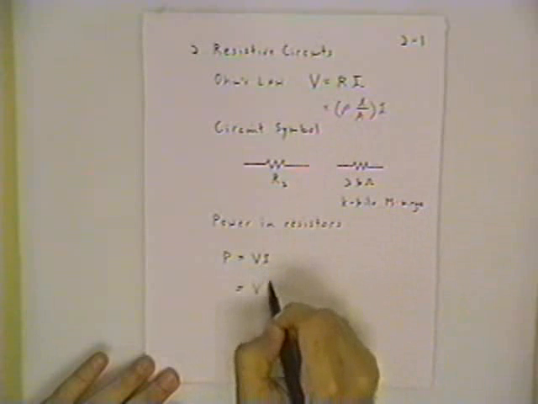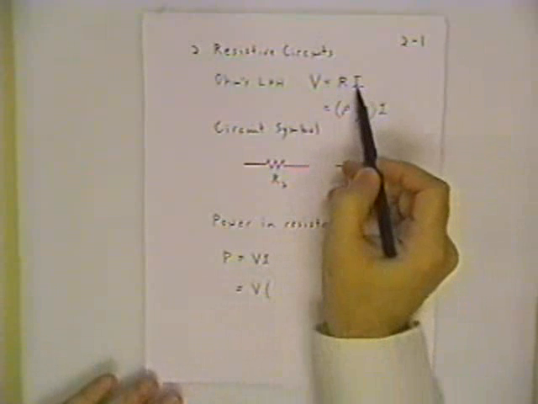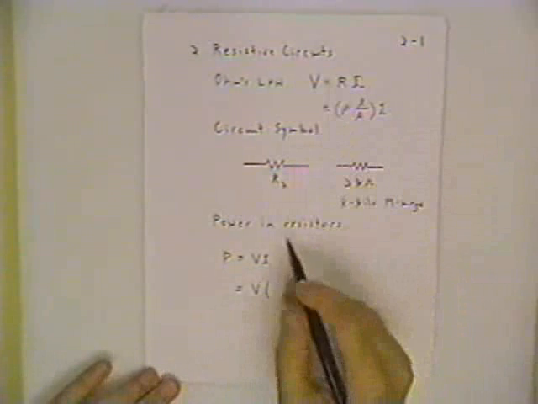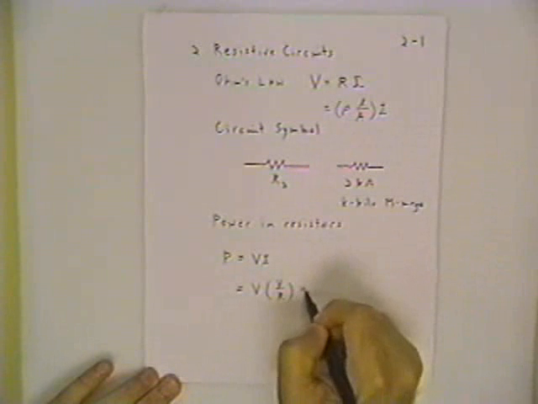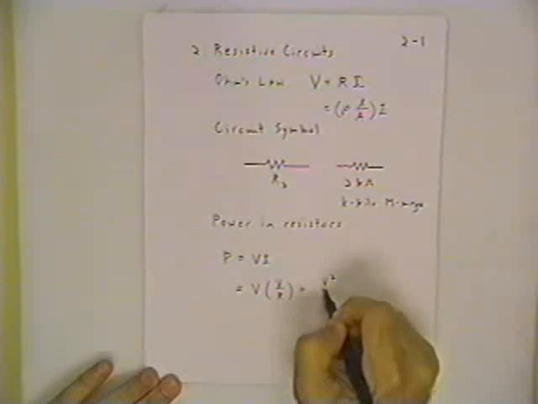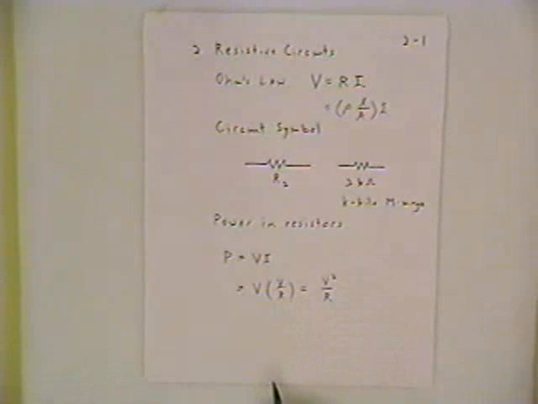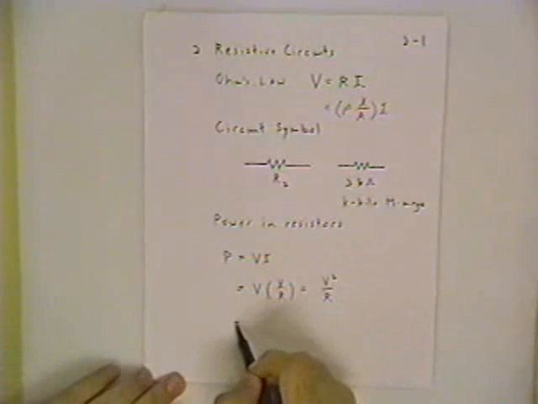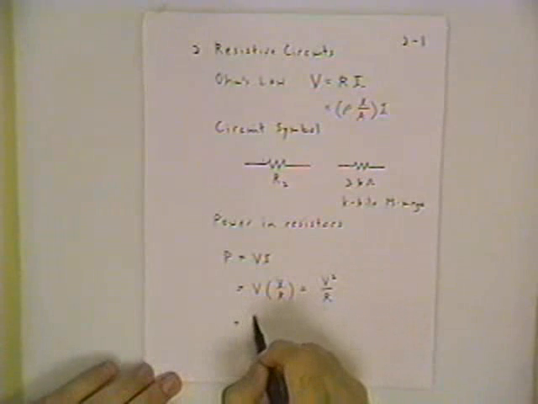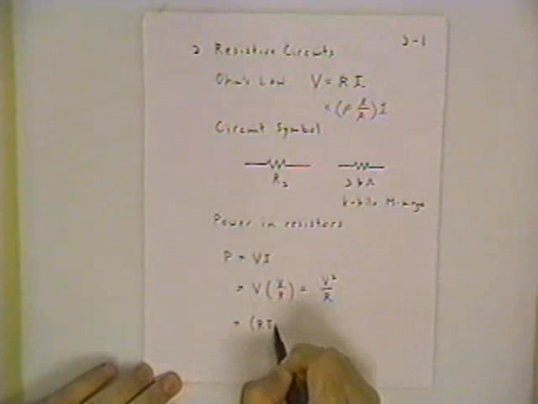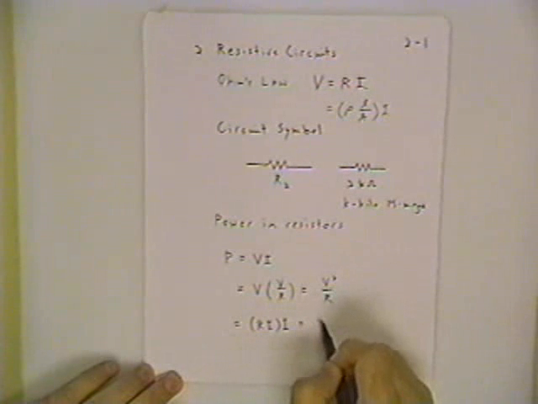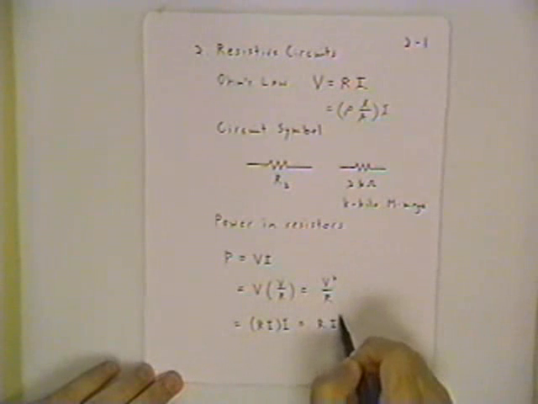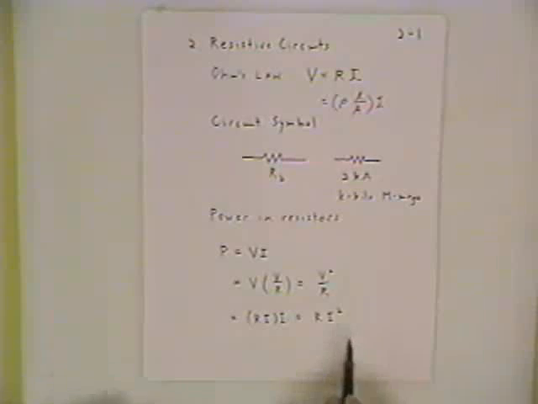We can take the current and instead write it as I is equal to V divided by R, and wind up with V squared over R. Or, alternately, we could substitute R times I for voltage, and that gives you R I squared, or you might know it better as I squared R.